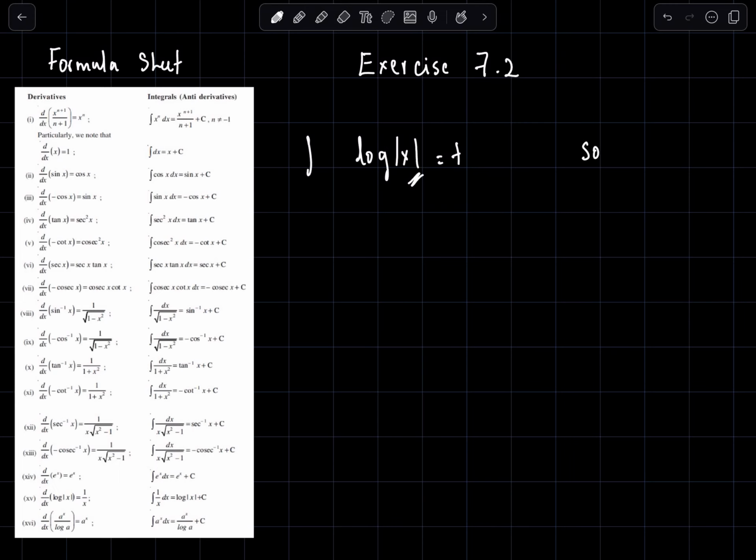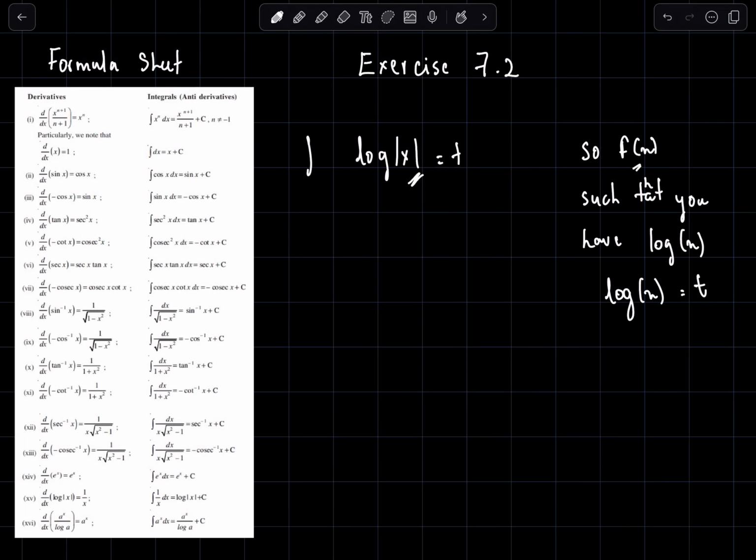So if you have an integral function with f of x and log of x, just take log of x as the substitution value.